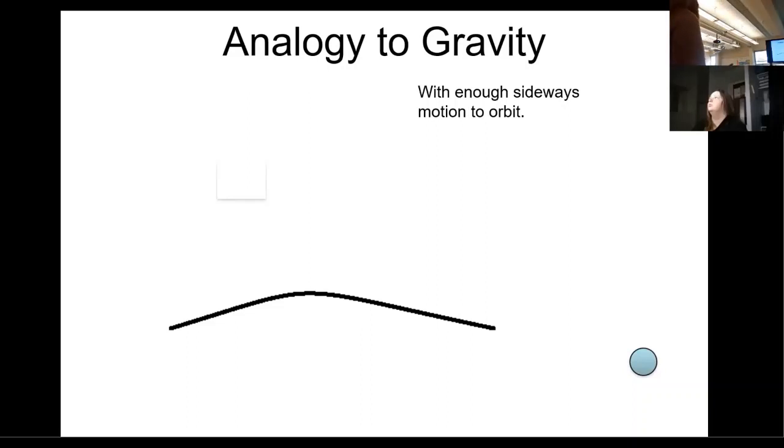Okay, and so we call that an orbit. So an orbiting object, whether it's a man-made satellite or a moon or the Earth going around the sun, basically it's always traveling towards that thing, trying to crash into it, but it's also going sideways. And so it just keeps missing. It's gone too far sideways by the time that it goes towards it.